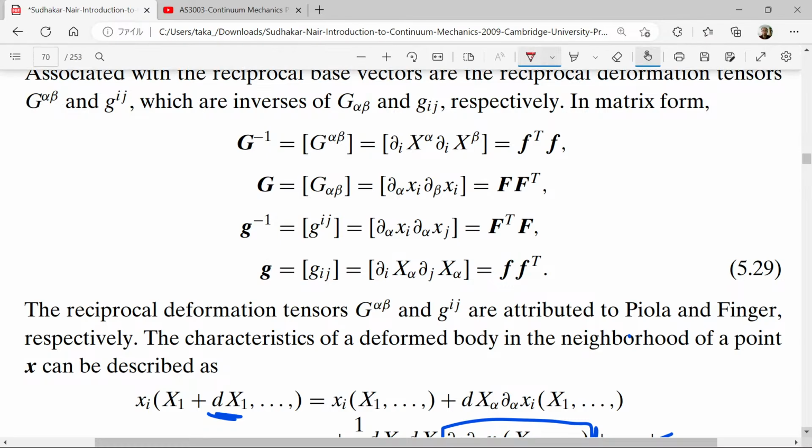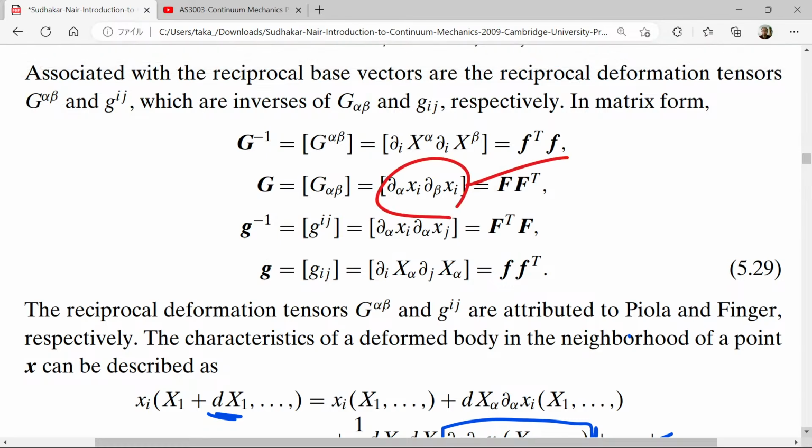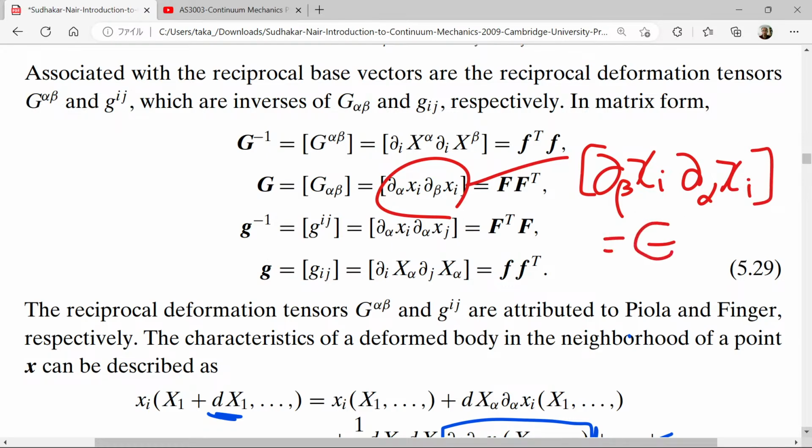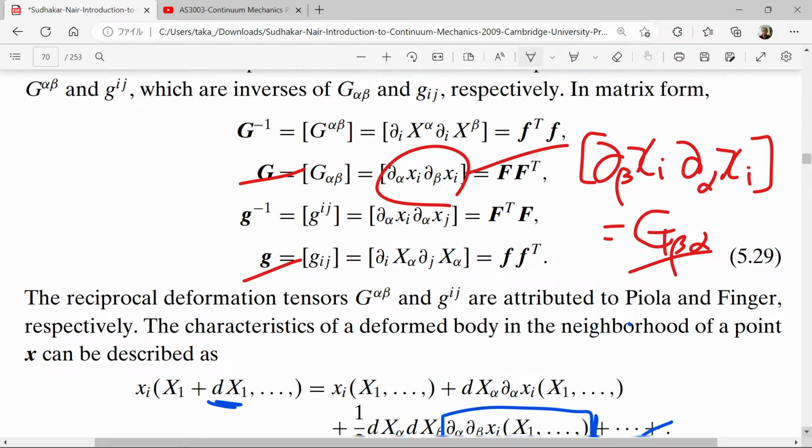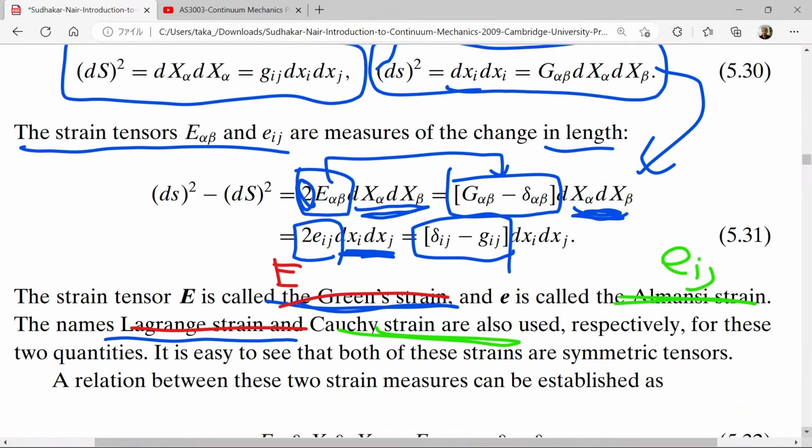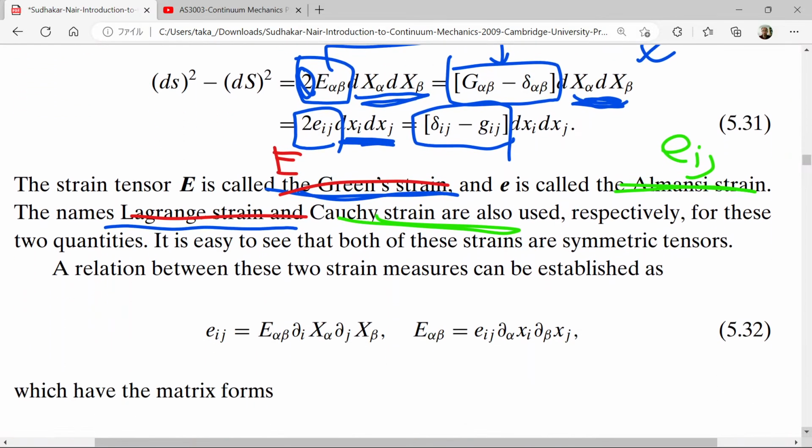This is the same as this alpha beta partial beta xi partial alpha xi. So you can change, which is G beta alpha. So G, large G or small g, these are symmetric. That's why E, strain tensor, is also symmetric.